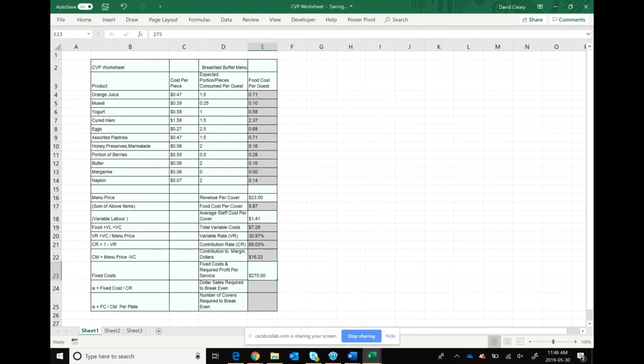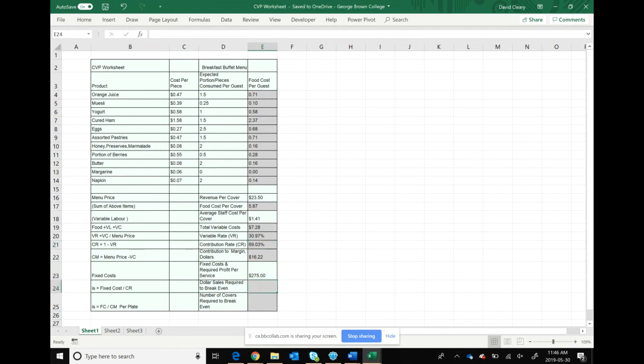This means that every time a guest pays $23.50, $16.22 goes towards our fixed costs and providing us with a profit. Another method you could use to calculate the contribution margin here would be to take the contribution rate and then multiply it by the menu price.